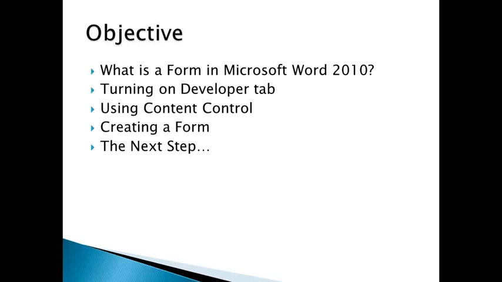So in order to create a form, you do need to have a Developer tab. I'm going to show you how to turn that on, and also where the content controls are listed so that you can use them on the form when you're creating an electronic form. And then we'll take a look at the next step from there.